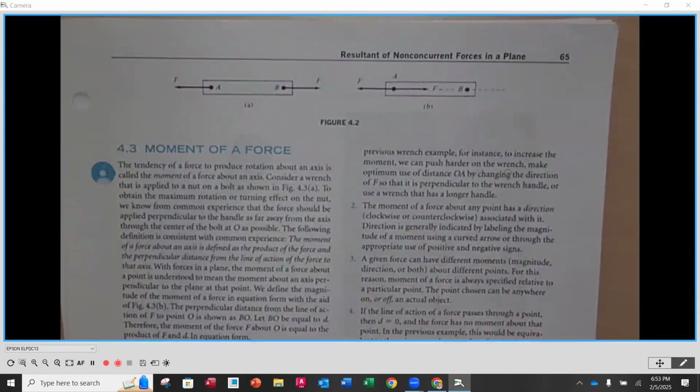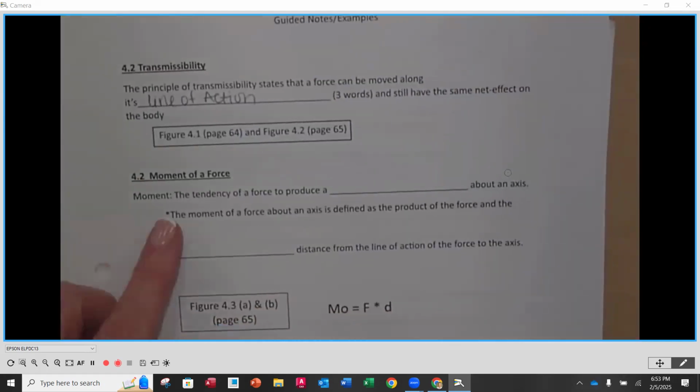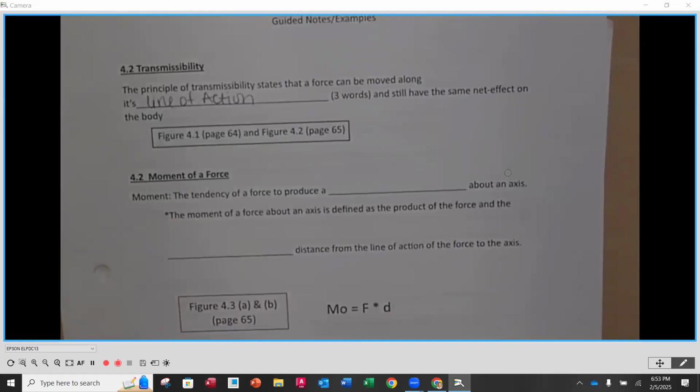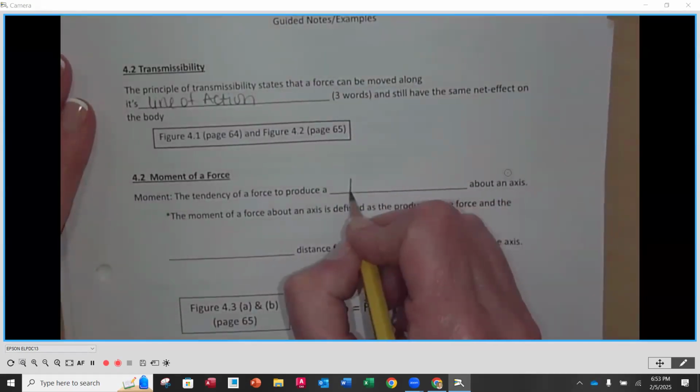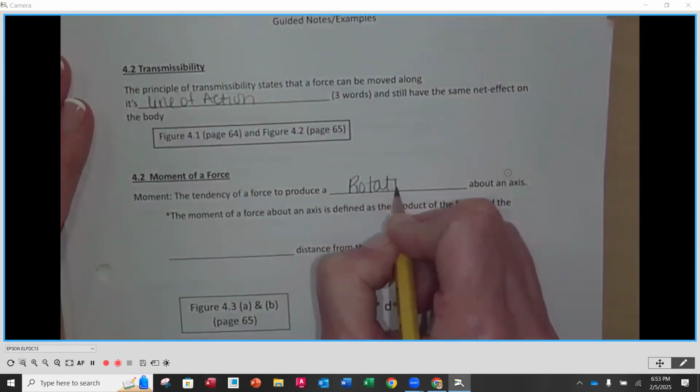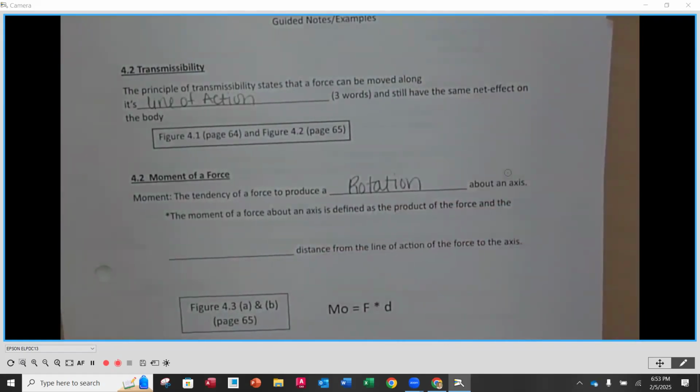Okay. All right, the next section here is looking at the moment of a force. So a moment, this might be a new term to you. A moment is the tendency of the force to produce a rotation about an axis.